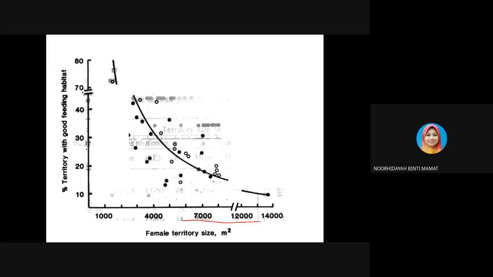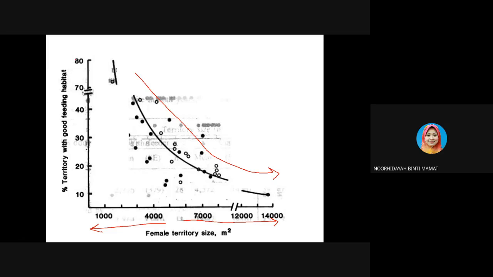The larger the female's territory, the lower the percentage of good feeding habitat. The smaller the territory, the higher the percentage of territory with good feeding habitat.